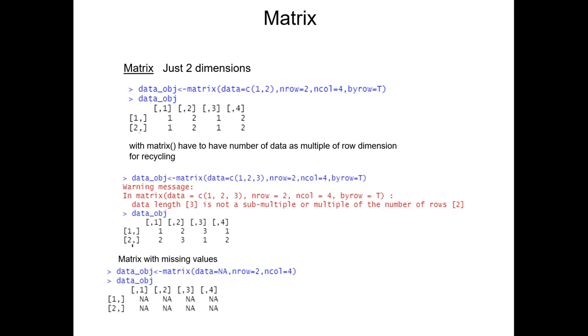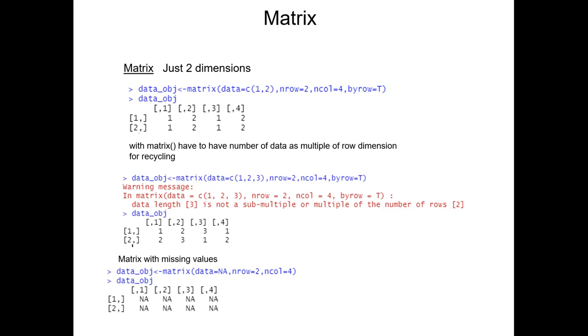So you'll see in this case this error message comes up, and since it's only 3 values, it throws an error because the 3 is not a multiple of 2 or 4. So it will recycle those values, but then there's a final 3 that's left.